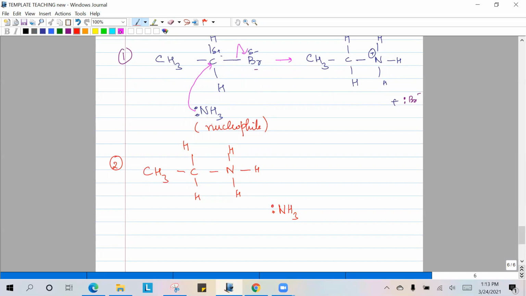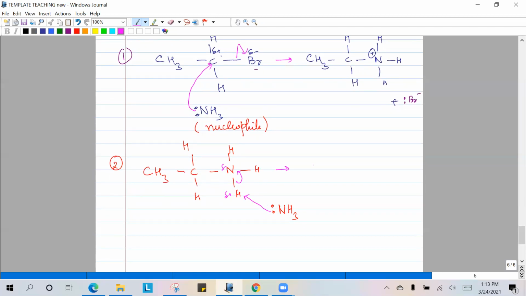How is it attacking? Nitrogen being more electronegative than hydrogen, this bond shifts to the nitrogen. So the hydrogen is now like an H plus because it has lost its electron to the nitrogen. So this goes and compensates for this.